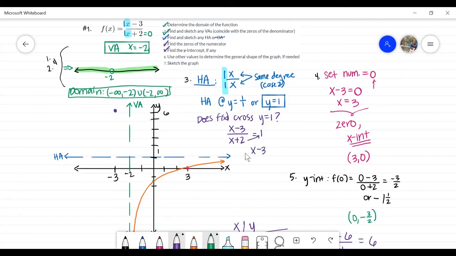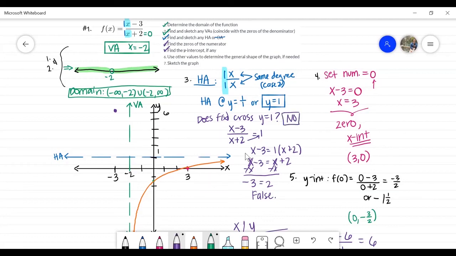I'll have x minus 3 equals 1 times x plus 2, which is x minus 3 equals x plus 2, right? If we subtract x's, those cancel and we're left with negative 3 equals 2.